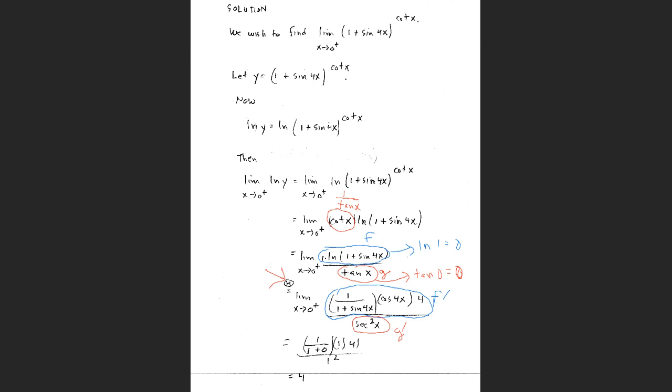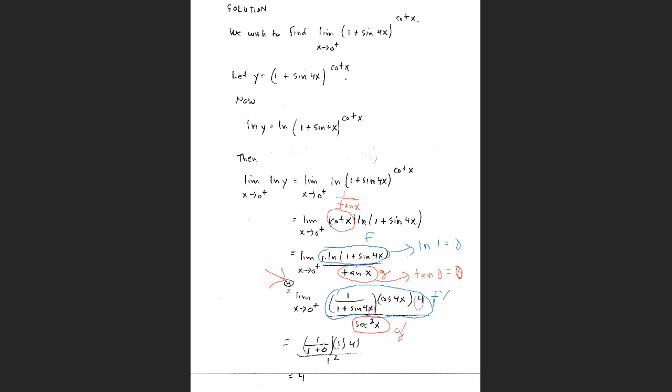Now, I can just take 0 since the denominator is not equal to 0 for this new expression, f prime over g prime. I can just substitute in 0 everywhere I see an x.